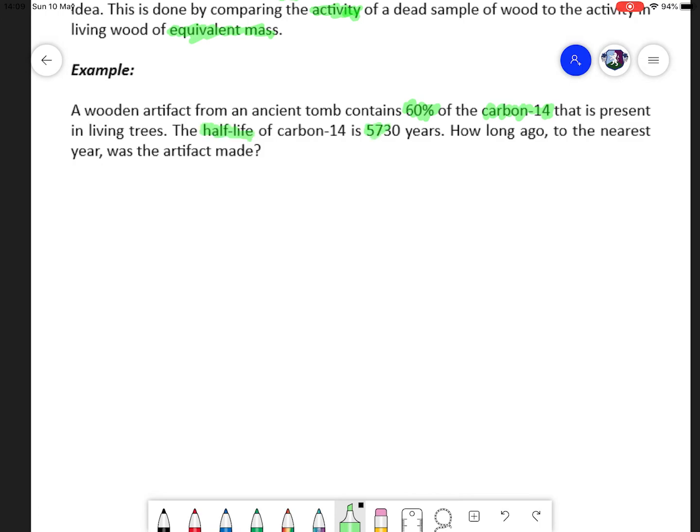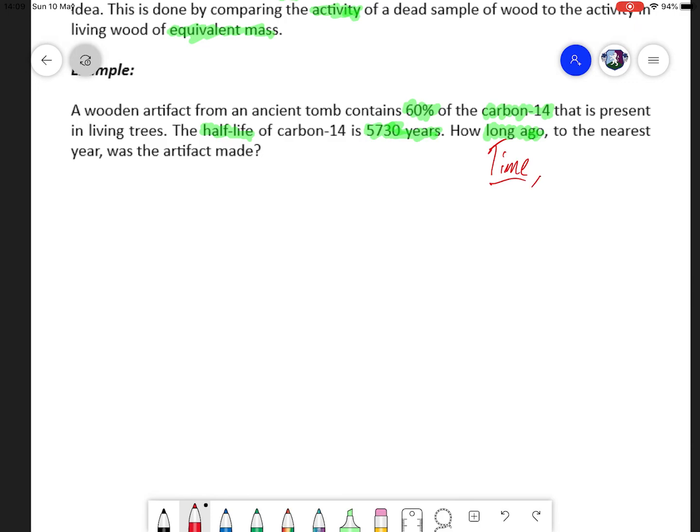Sometimes these are given as real numbers. Percentage is a bit simpler here. Now, the half-life for carbon-14 is given as 5,730 years. Now, the fact that's in years can lead to some calculations, but we don't necessarily need to either. And we're asked about how long ago, so we're looking for time. So we want to know the age.